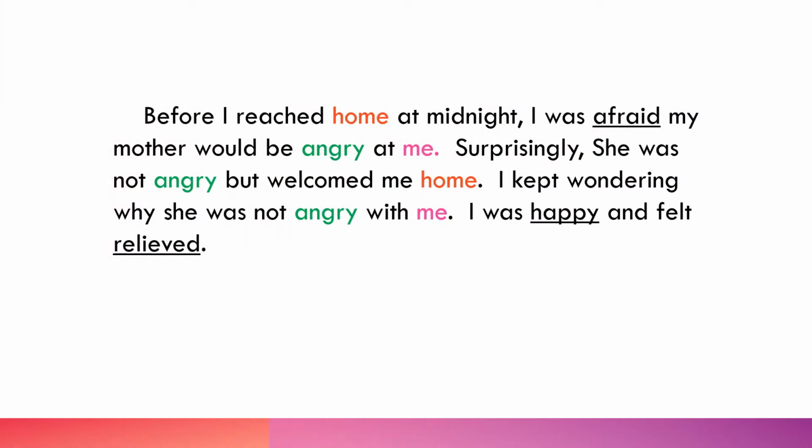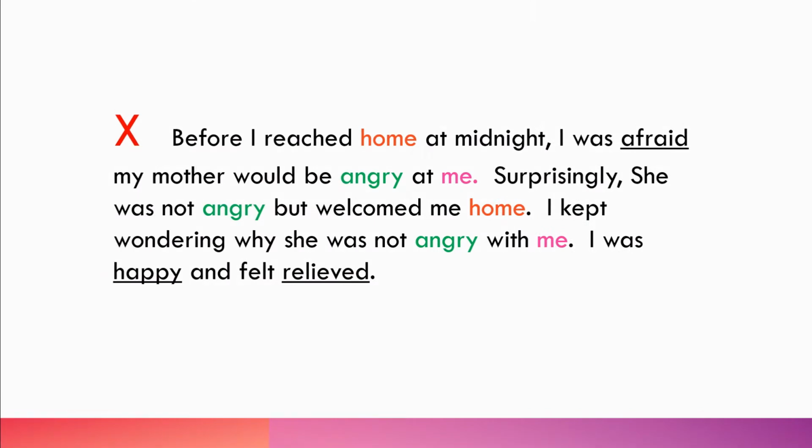Okay, this is an example of a paragraph which has lots of repetition. Look at this example. The word home is being repeated twice. Next, the word me is repeated twice.